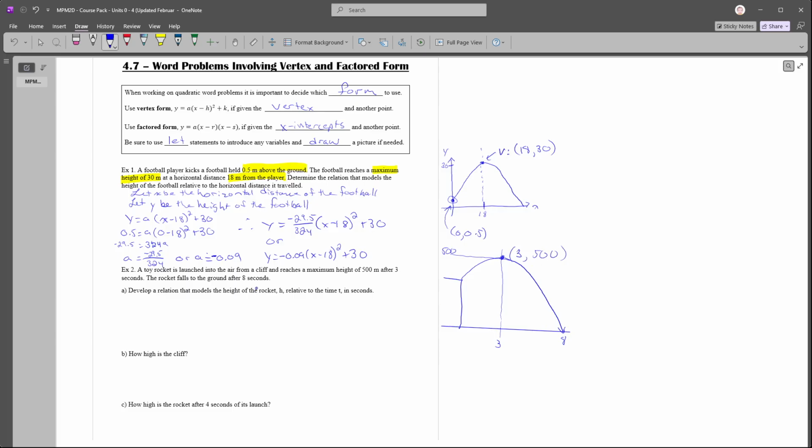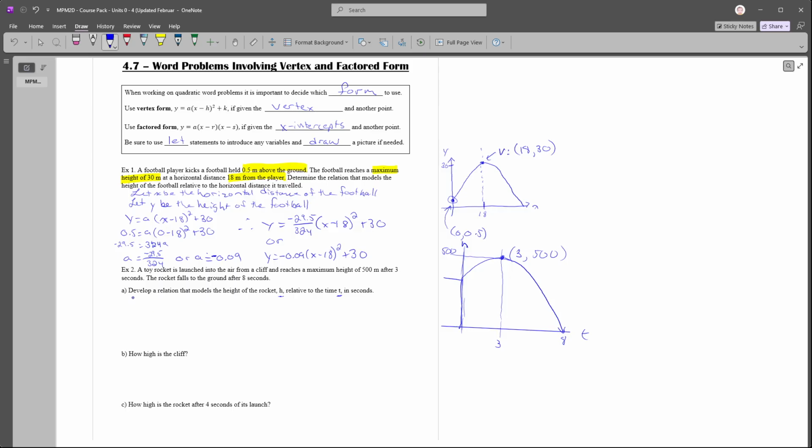We didn't do any let statements. Do we need to? No, we don't, because if you read the question, it says develop a relation that models the height of the rocket h relative to the time t. So that tells me that this axis is t, and the y-axis, which is normally the y-axis, this is going to be our h. So we don't actually have to have let statements. We just need to use them, okay?